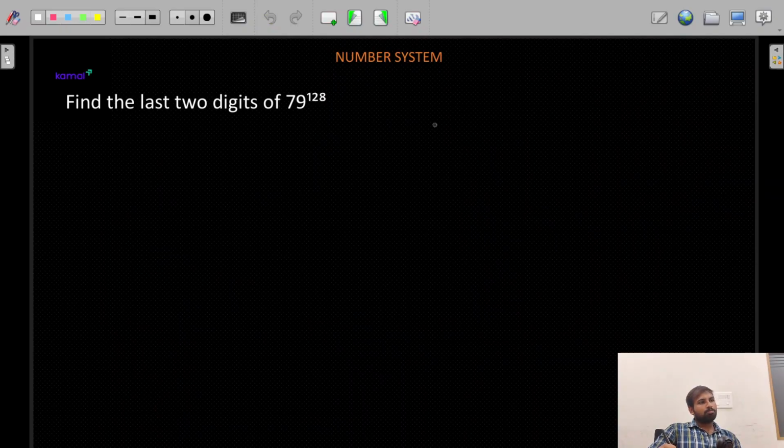79 power 128. For a number that ends with 9, if I want my unit digit to be 1, my power should be a multiple of 2. So I can write this number as 79 square whole power 64. Okay, so I can take the last two digits of 79 square, which is equal to 21.